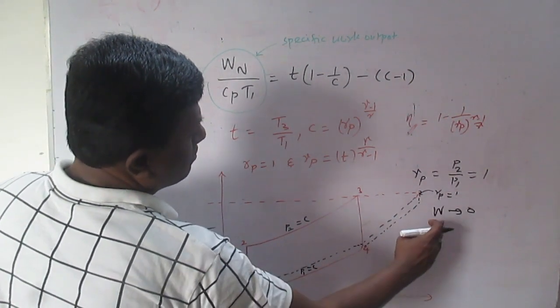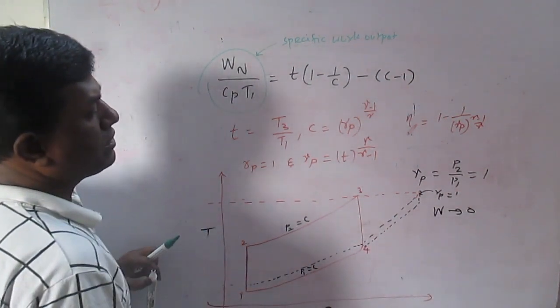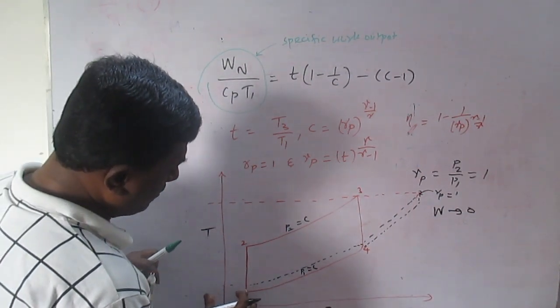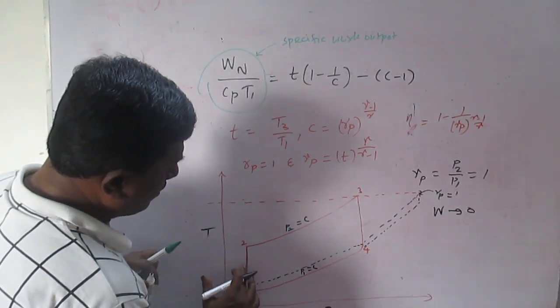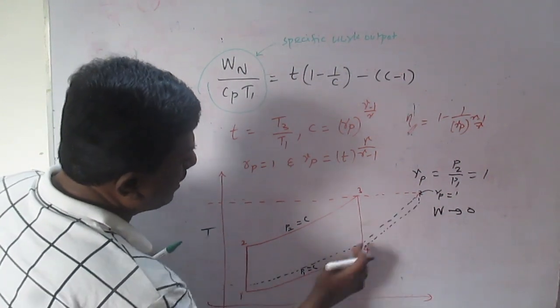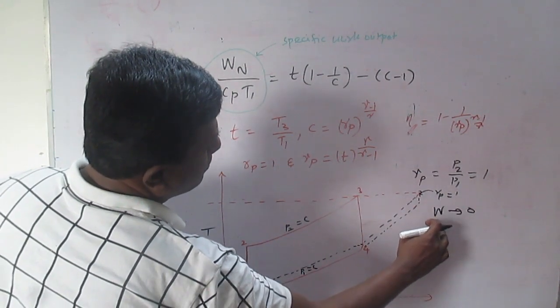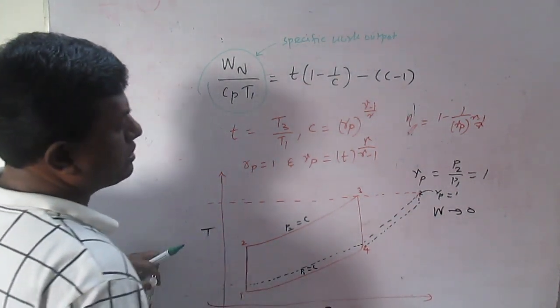When RP equals 1, the work done is 0. That is what this curve, shrinking and extending in this direction, represents.